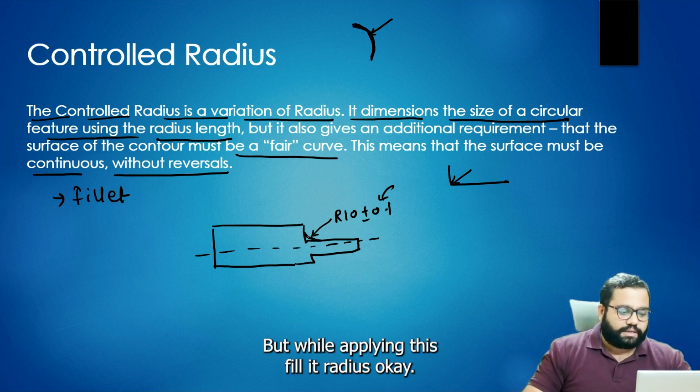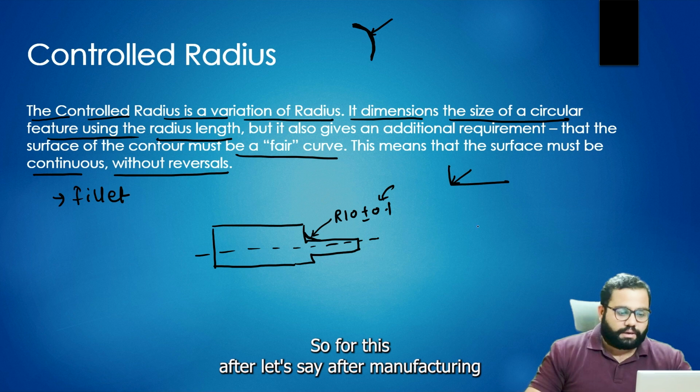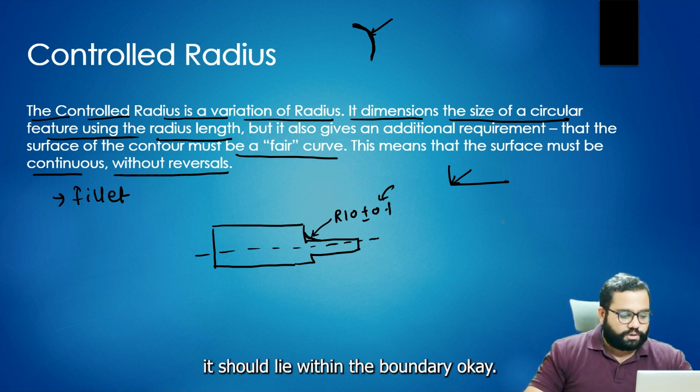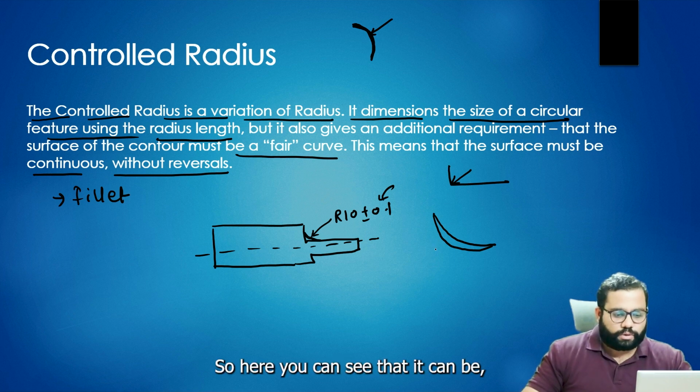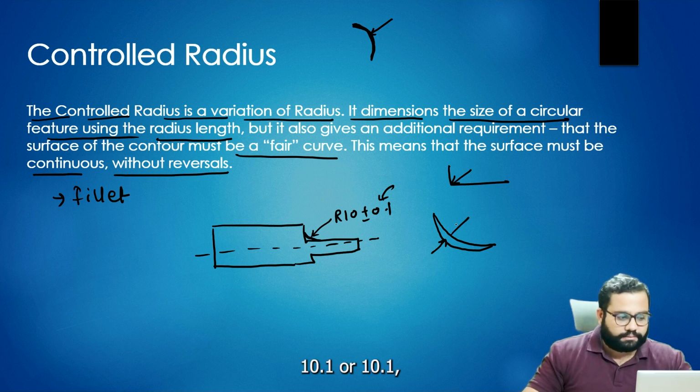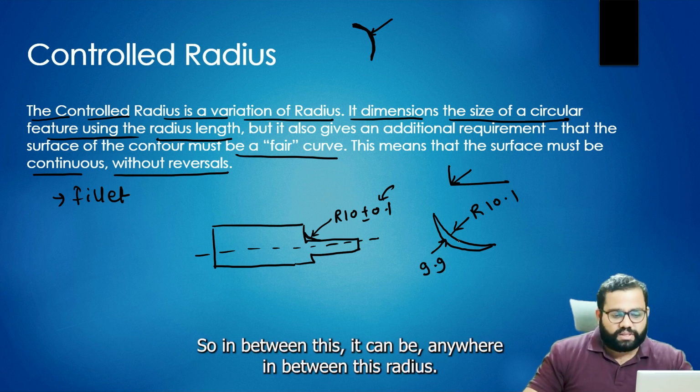While applying this fillet radius, after manufacturing it should lie within the boundary. Here you can see that it can be 10.1, or it can be 9.9, and it can be anywhere in between.